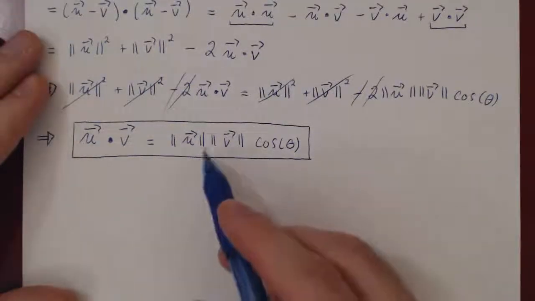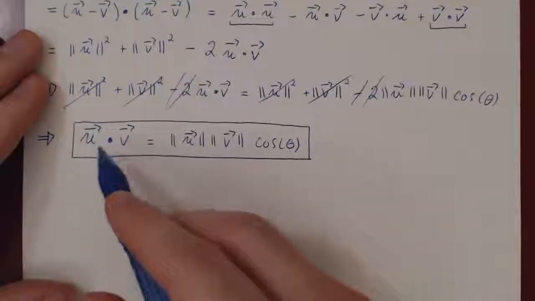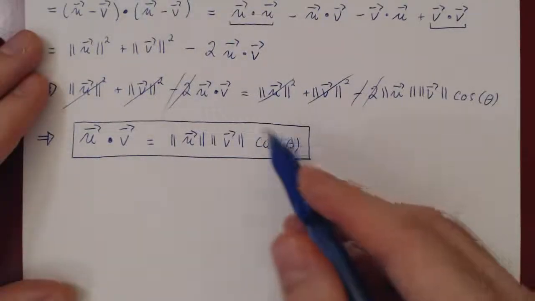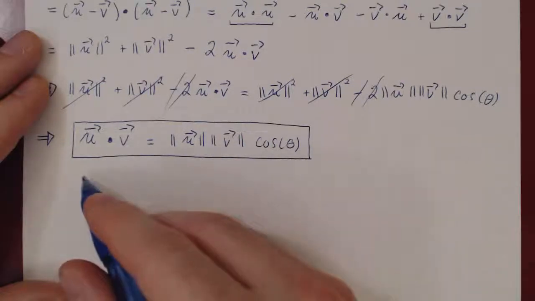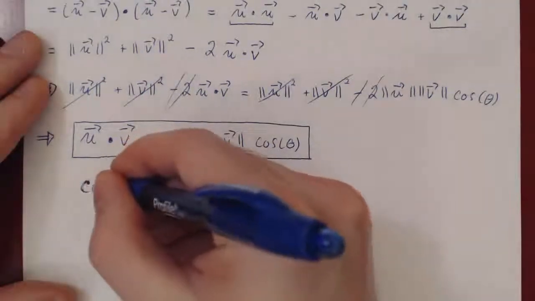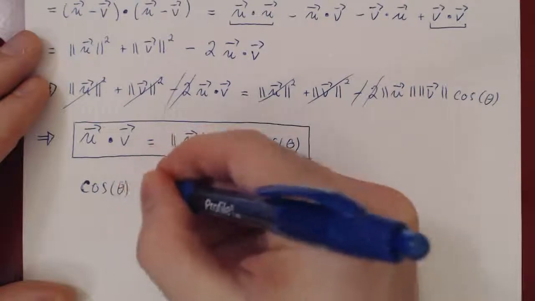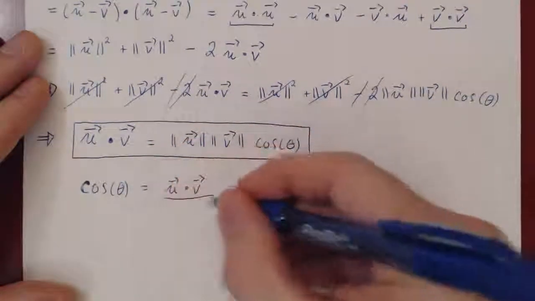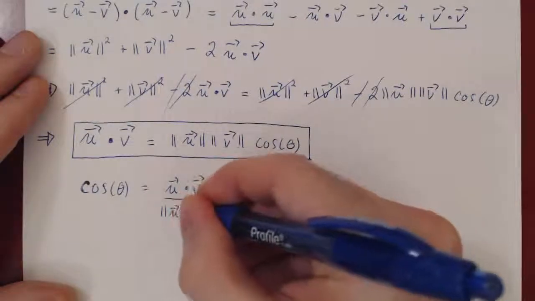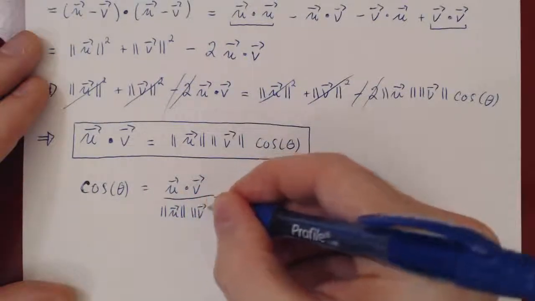Now, if we wanted the angle between the two vectors, we can easily isolate for cosine of theta, divide by the norm of u norm of v, and so you get that cosine of theta is equal to u dot v over the norm of u times the norm of v.